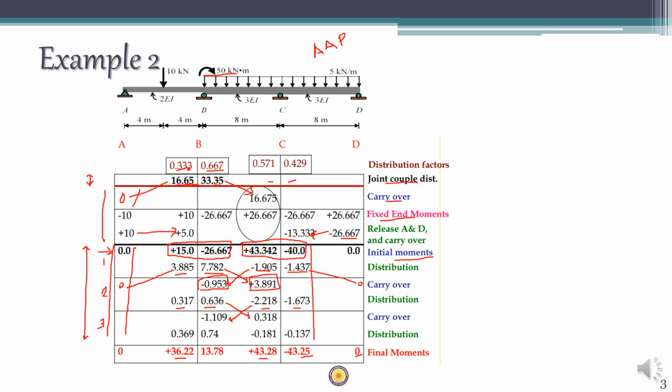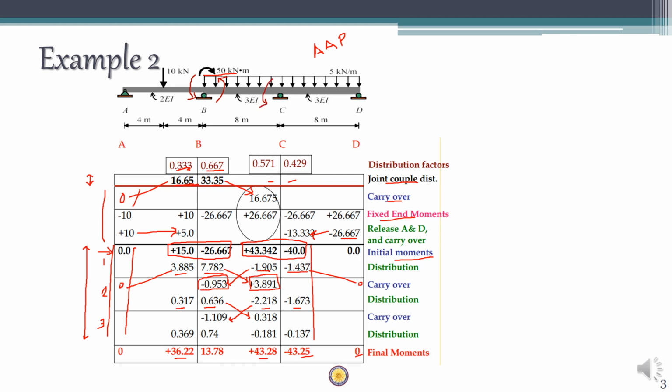So once you have all these final moments, you can mark them on your beam as active moments. So plus 36.22, and active anticlockwise moments are positive, which means that at this point we can have an active anticlockwise moment, something like this. 13.375 is also an active moment, so it is positive, anticlockwise, again a positive active moment, and this is 43.28.